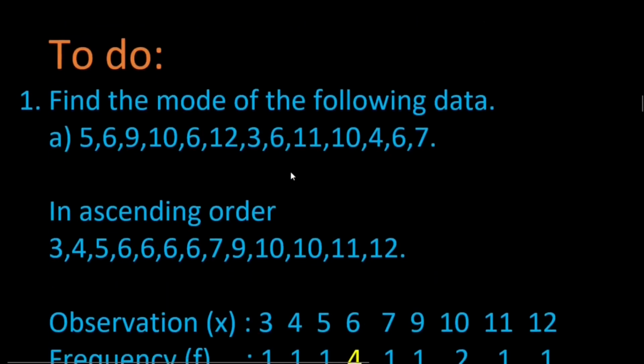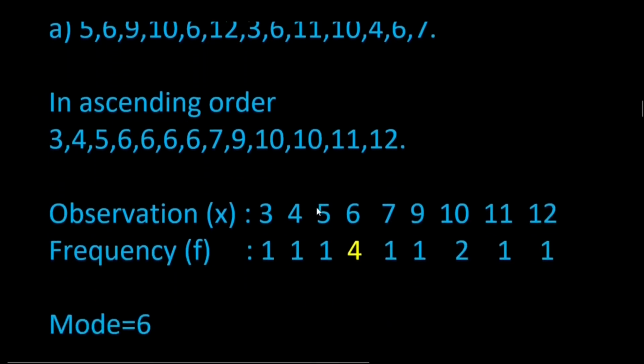Now let us see some to-do questions. Find the mode of the following data. To find the mode of raw data, it is easy to identify if the data is written in ascending order. So first we have to write the data in ascending order, or we can write the data in frequency distribution table form. Here we can observe from the ascending order array that 6 is occurring 4 times.